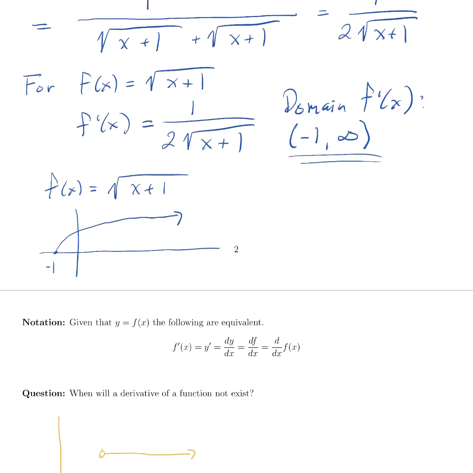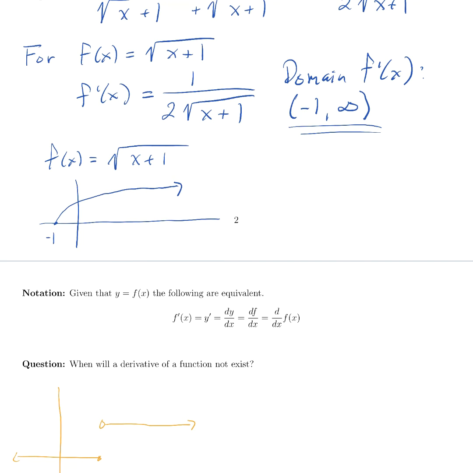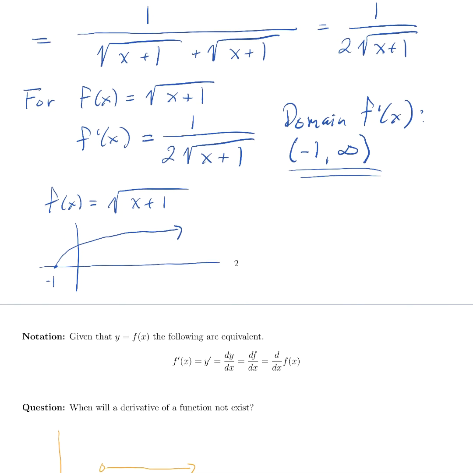Okay, let's see, one other thing. We're going to ask when else might a derivative not exist, but first, just a little notation heads up. This idea of derivative is notated lots of different ways. All of these notations are equivalent. They all mean exactly the same thing. F prime of x, y prime, the derivative of y with respect to the variable x, the derivative of f with respect to the variable x, and the derivative with respect to x of f of x.